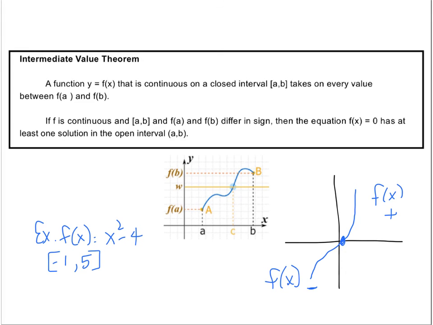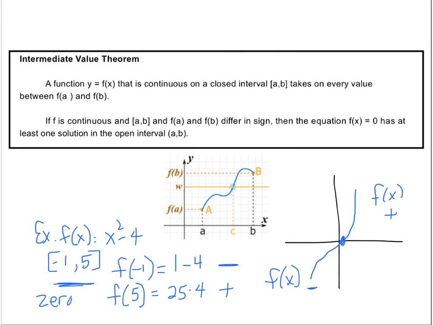So using the intermediate value theorem, I'm going to find f of -1, and I'm really just looking at the sign to see if there's a sign change. And so I would have 1 minus 4, and that's going to be a negative number, right? And then f of 5 is going to be 25 minus 4, and that's a positive number. So somewhere on this interval there is a 0.